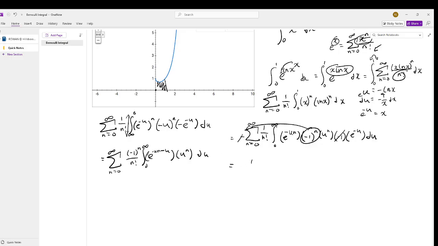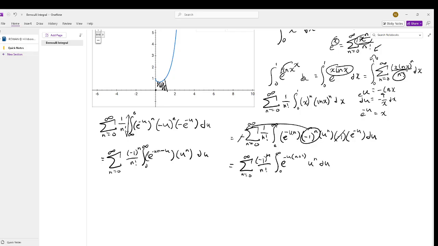So this is equal to the summation from 0 to infinity of negative 1 to the n divided by n factorial times the integral from 0 to infinity, and we can factor out a negative u here, so we get e to the negative u times n plus 1 times u to the power of n du.